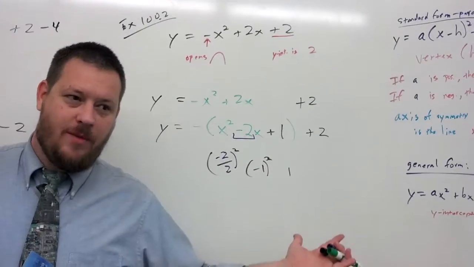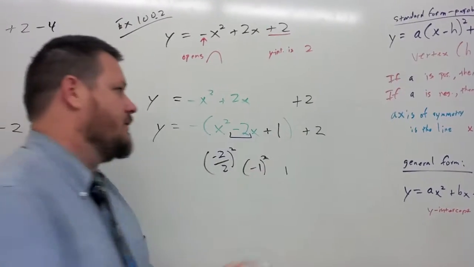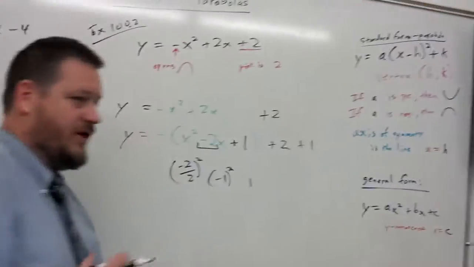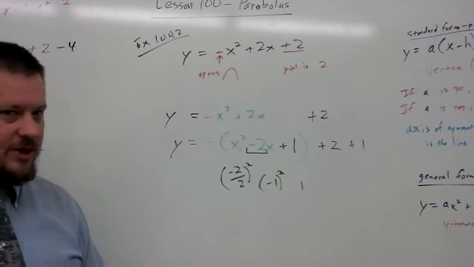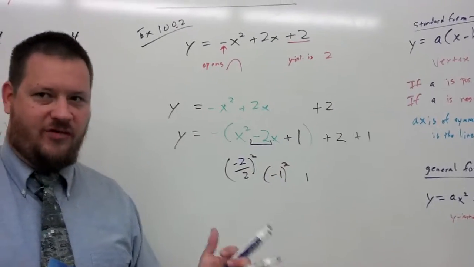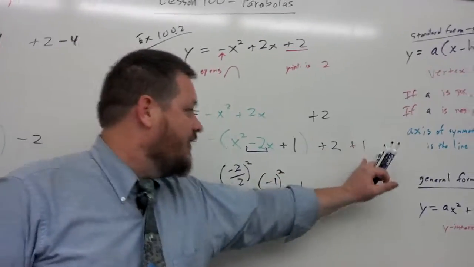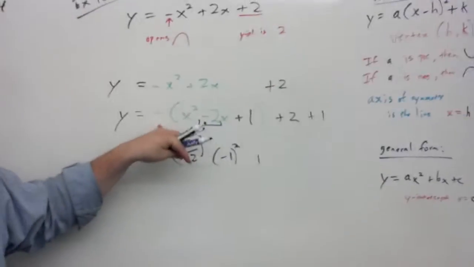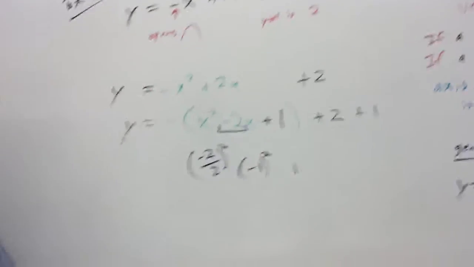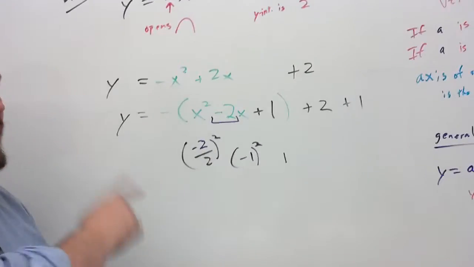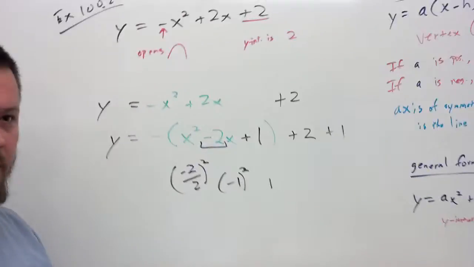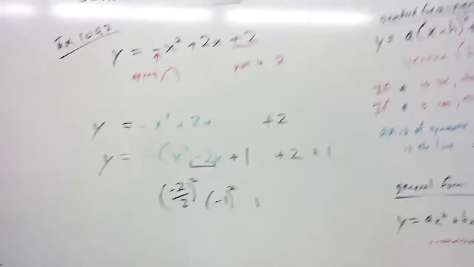So to keep the equation in balance, I have to add 1 to that side of the equation. And it's going to look really confusing that you have to keep the equation balanced by writing plus 1 and plus 1 on the same side of the equation. You have to bear in mind this negative here. The reason I'm taking this long to stress this is that this is one of the most common ways for a student to mess up this kind of problem. So watch out for it.